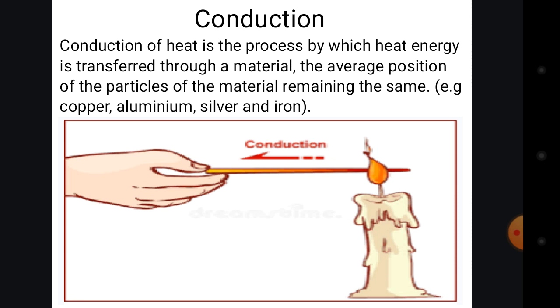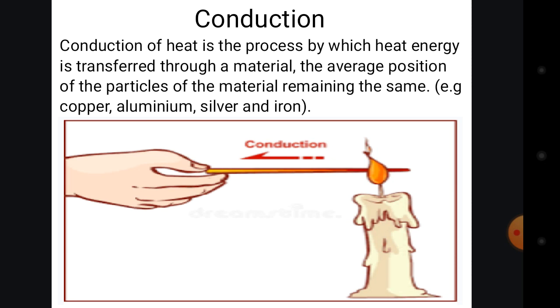It is talking about how heat is transferred within the particles, and the particles remain the same. When we say something remains the same, we mean it stays constant. It will not change in size or length. It will remain at its own value.